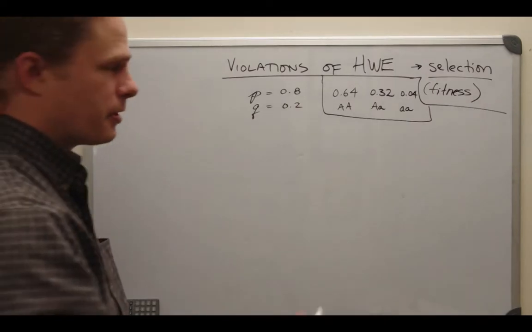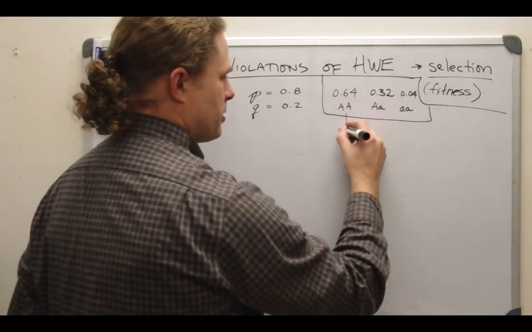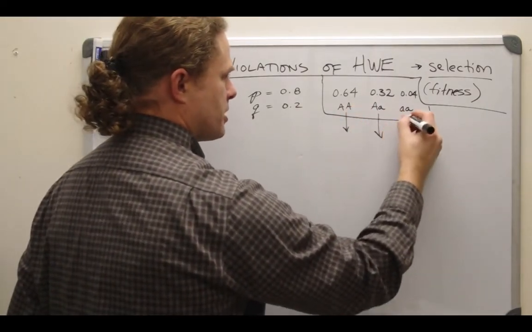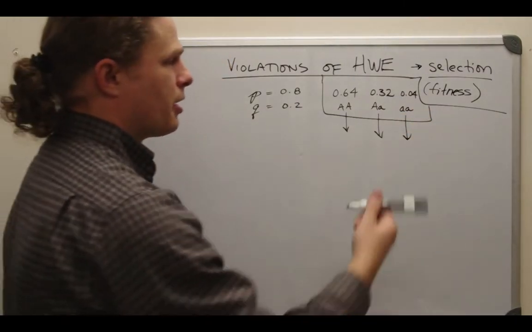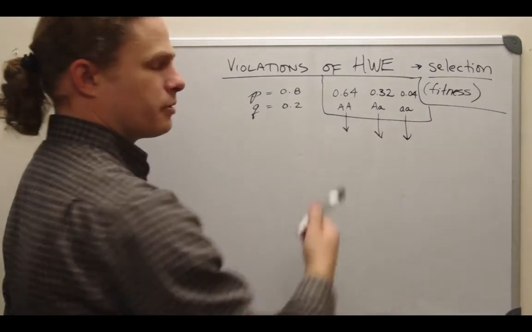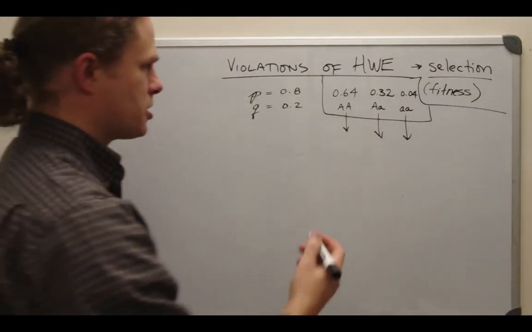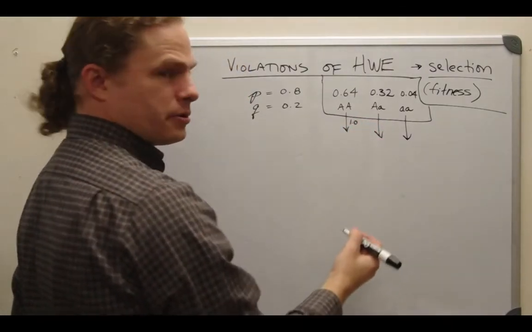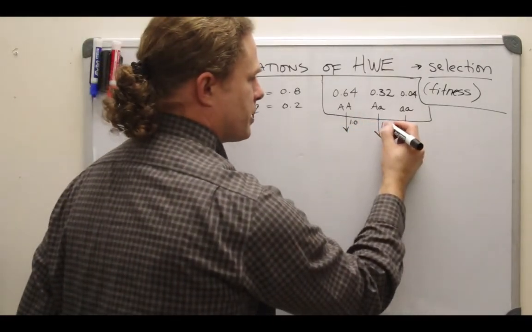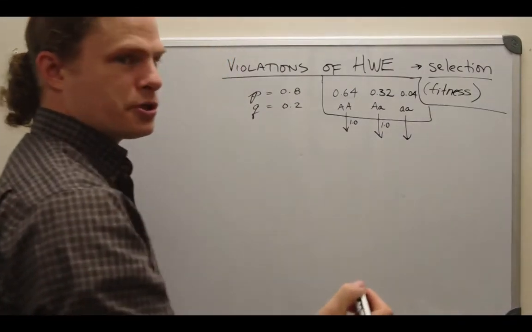Now let's do a thought experiment where we say, okay, when this population now reproduces in this environment, say there's been some environmental change, where now the relative ability of these genotypes to reproduce in this environment has changed. Let's say that 100% of the big A individuals reproduce just fine. 100% of the heterozygotes reproduce just fine.